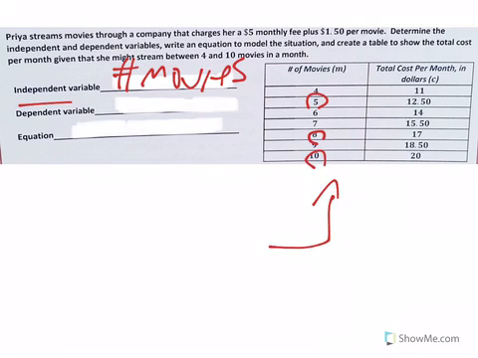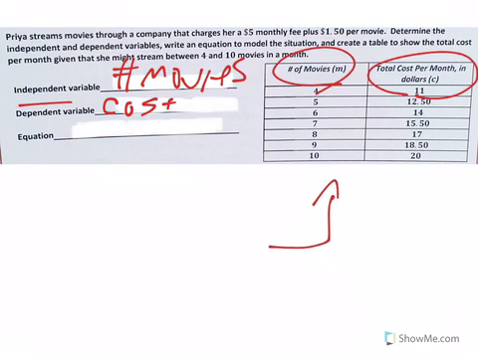She might watch 10 movies one month, right? We don't know. So that is constantly changing. The dependent variable then would be the cost, because the cost depends on how many movies did you watch. It's not one cost every month. The cost changes based on how many movies that she watched. So it is dependent on the independent variable.